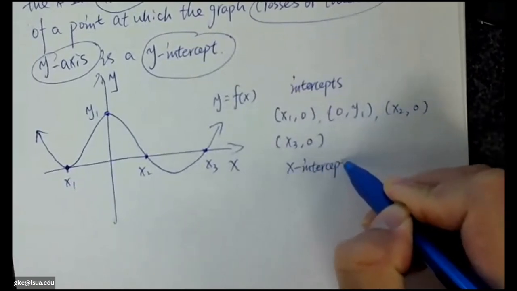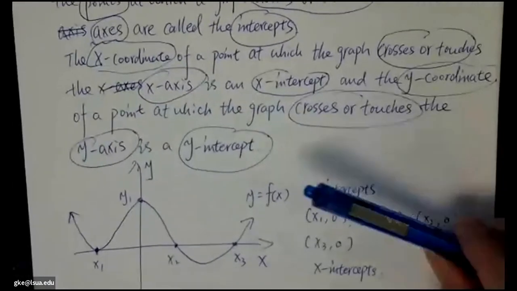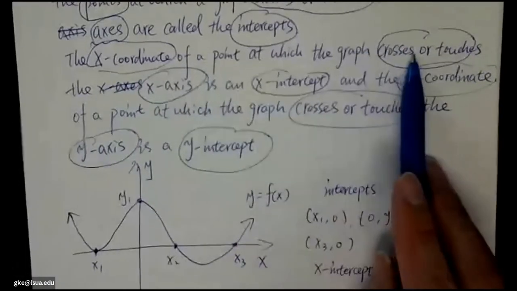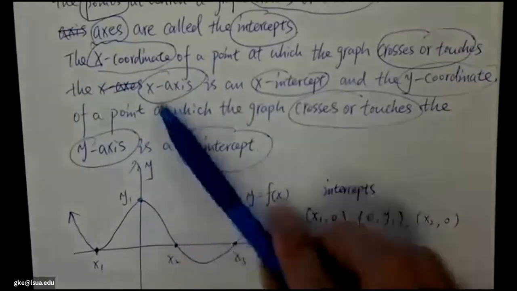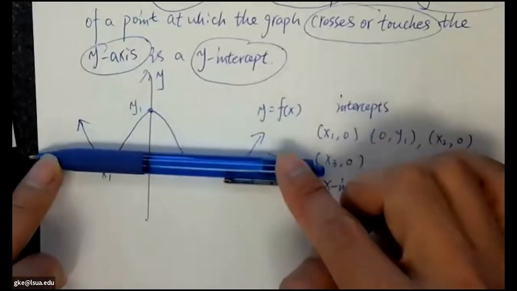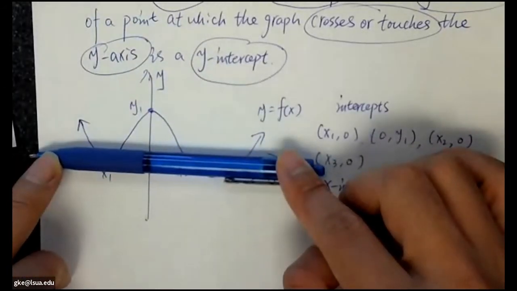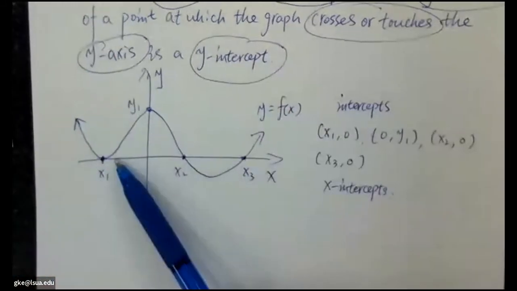Now, the x-intercept. For the x-intercept, that means the curve touches or crosses over the x-axis. The x-axis is here. Touches or crosses over the x-axis, how many points? 1, 2, 3.